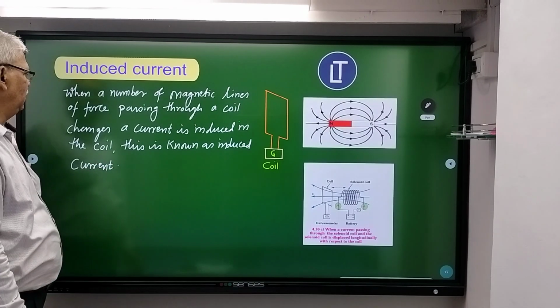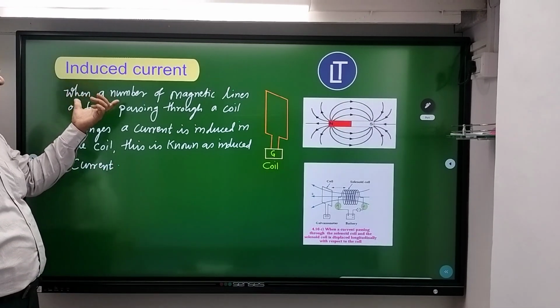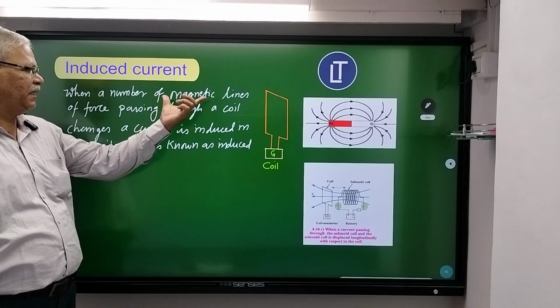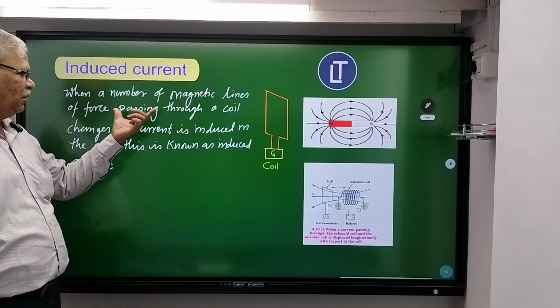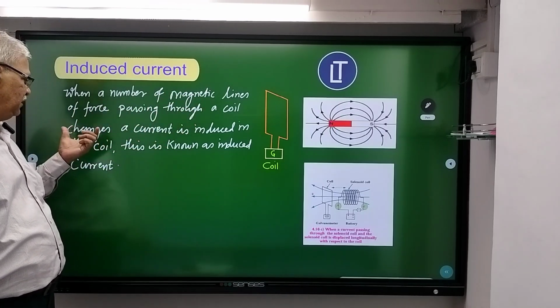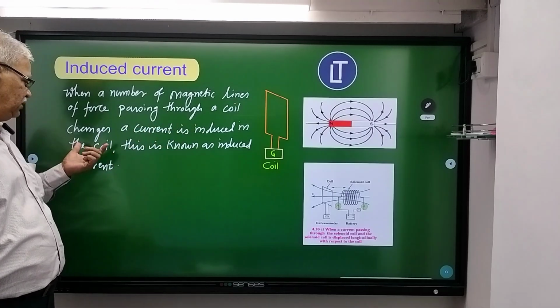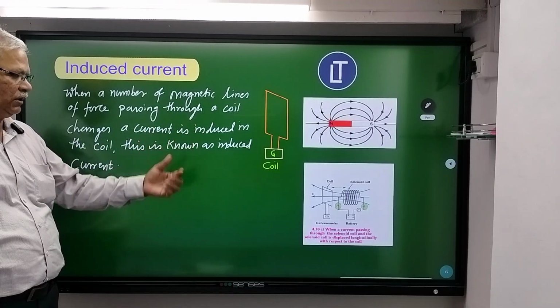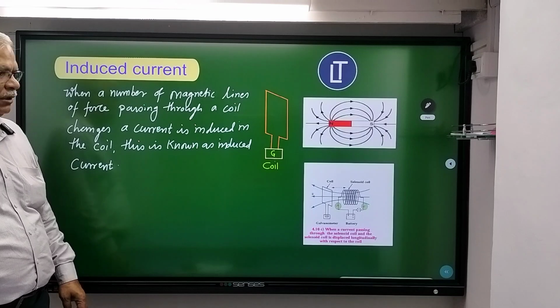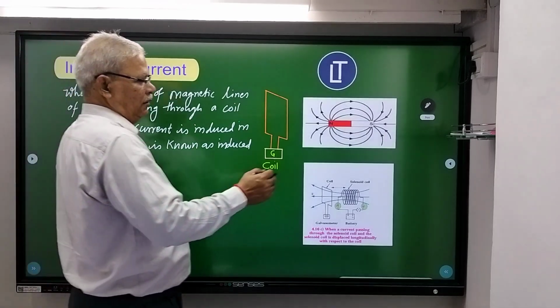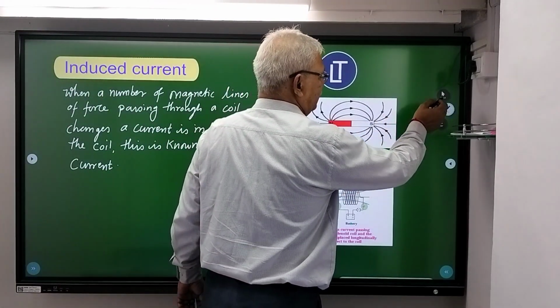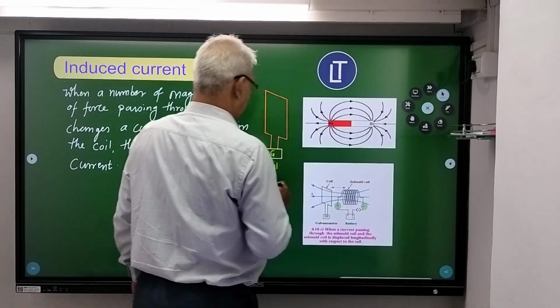Now see, as its definition, when a number of magnetic lines of force passing through a coil changes, a current is induced in the coil. This is known as induced current. Now see here how this happened. I'm going to tell you.